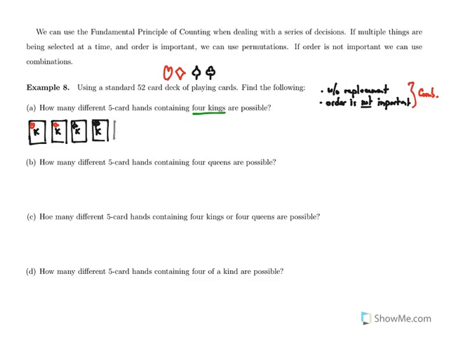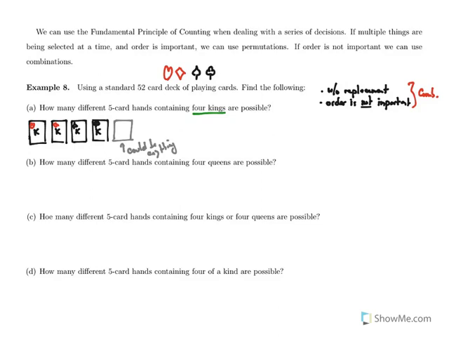And the 5th card that we have could be anything. All right, sometimes drawing pictures to help illuminate what's going on is very useful. This is kind of like our box idea, but it's not exactly the same thing.